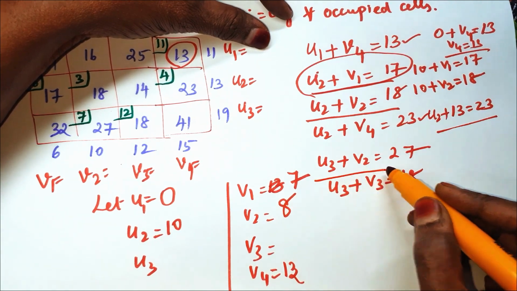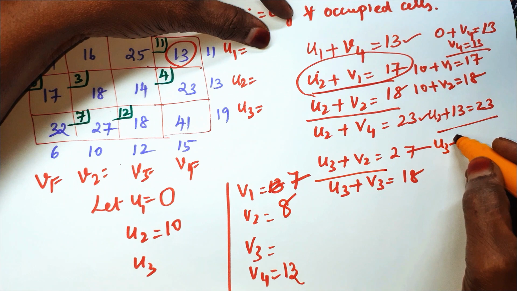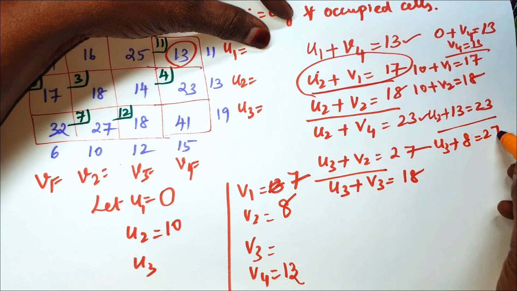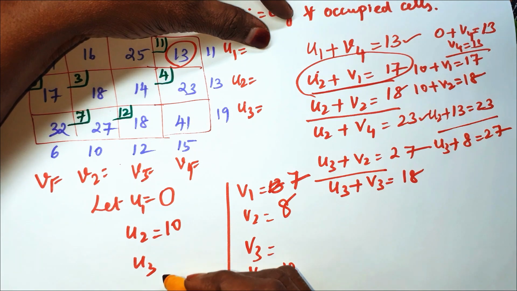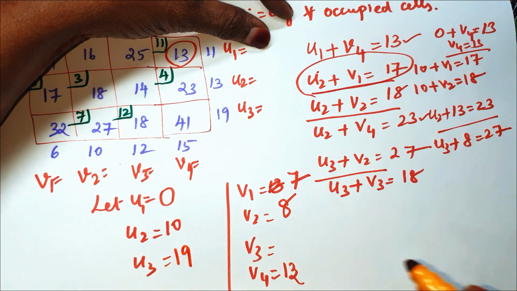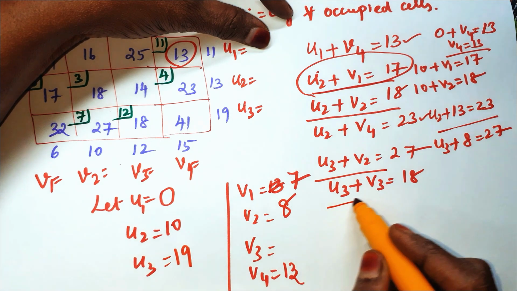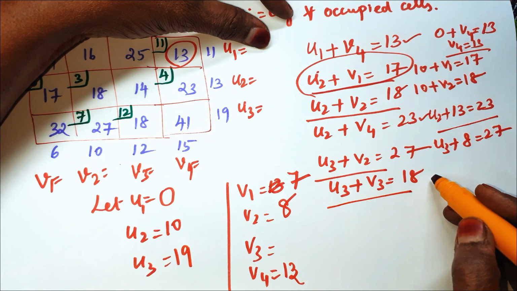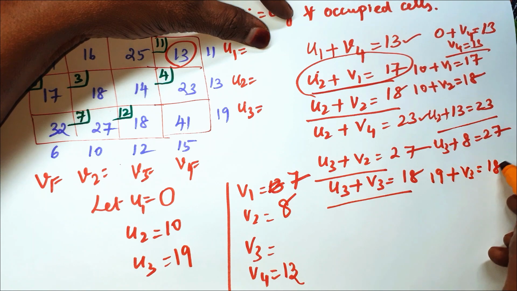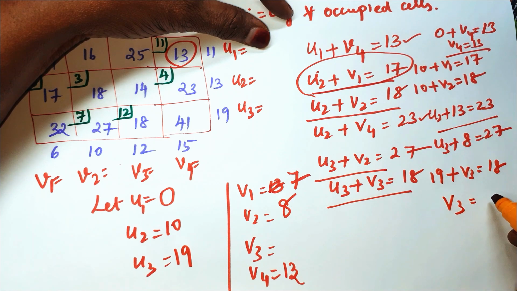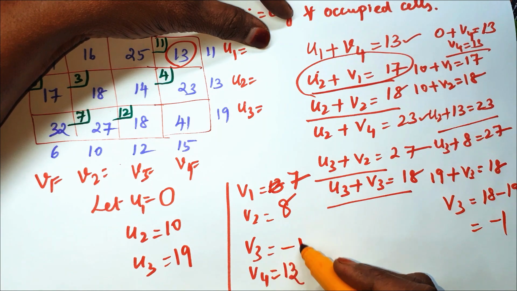Now moving on to u3 plus v2, 8, equal to 27. So u3 equal to 27 minus 8, that is 19. Moving on to the last one, u3 is 19 plus v3 equal to 18. So v3 equal to 18 minus 19, which is minus 1.